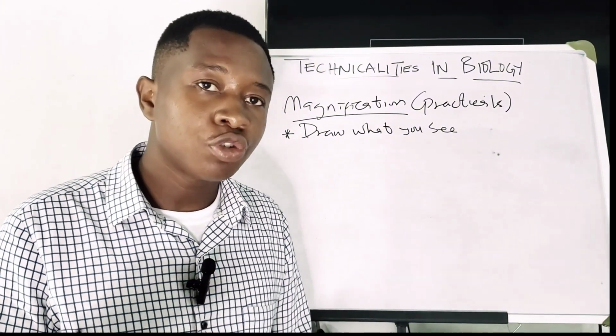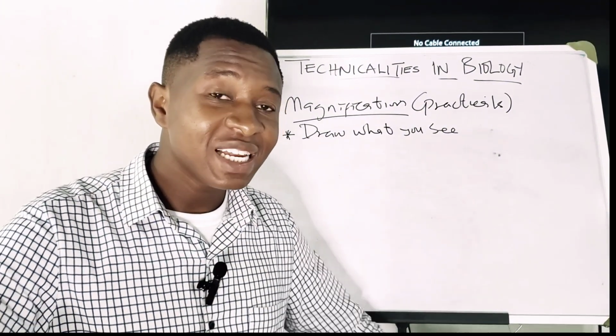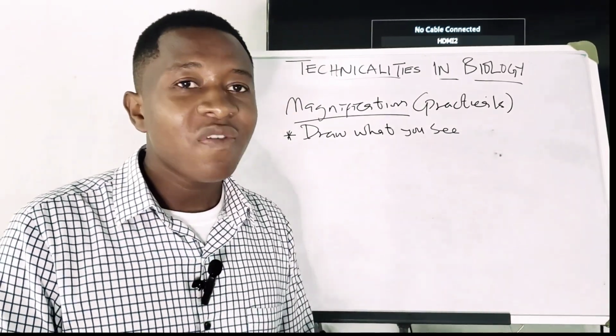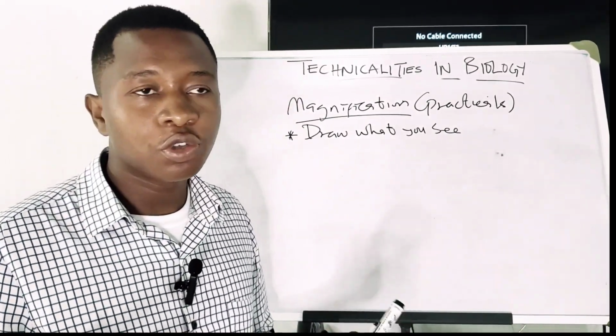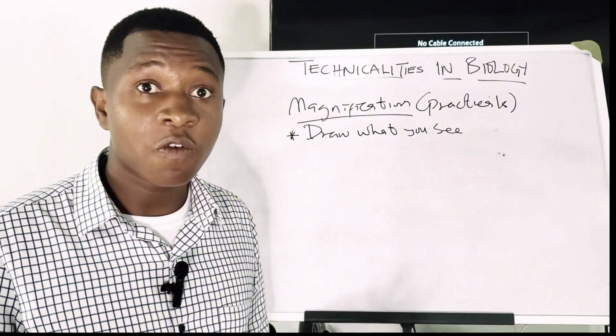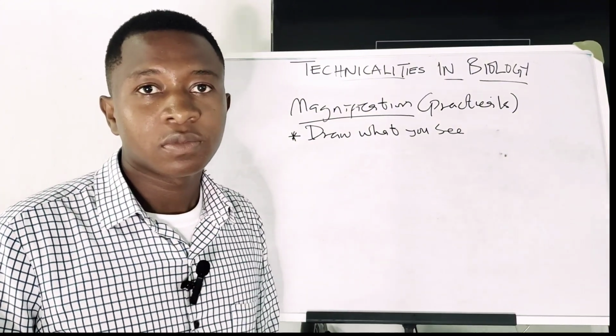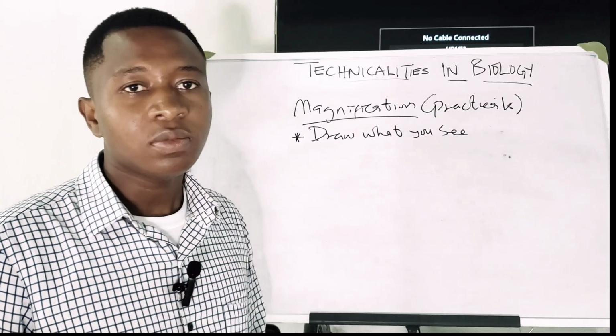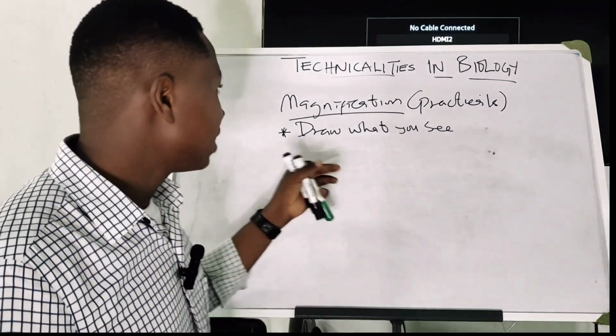You are expected to draw it without the legs and without the wings. But because you have an idea of the full diagram of a cockroach, you just go ahead and draw the full diagram. You have failed it. That's why it's important to draw what you see.